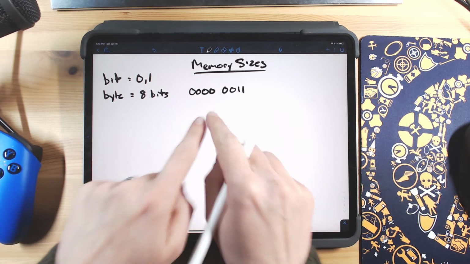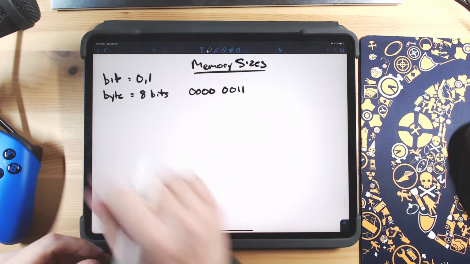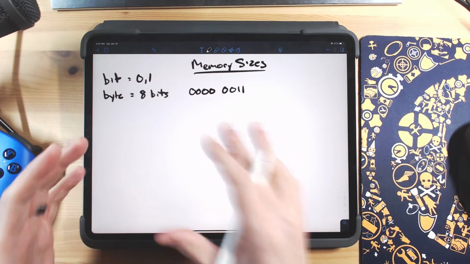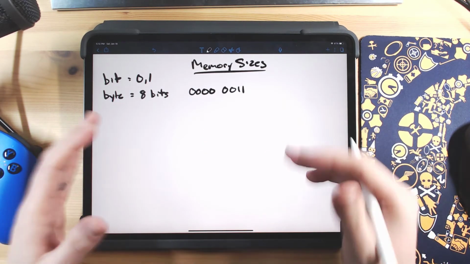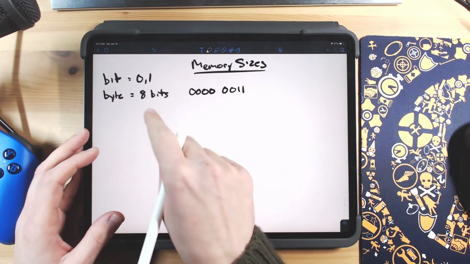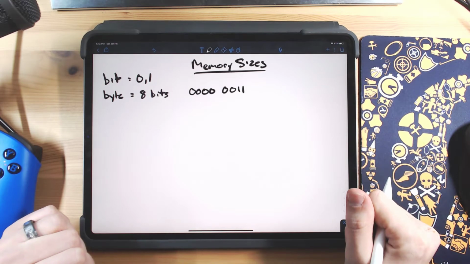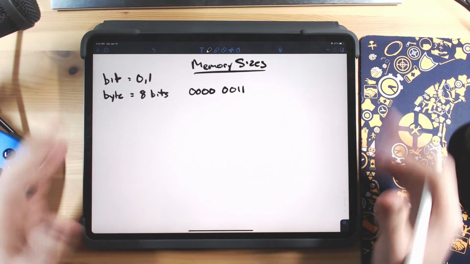And so we could store bigger and bigger numbers by having numbers that take up more bytes or more bits. Typically, integers are 32 bits. That's where that phrase 32-bit integers comes from. So they take up 4 bytes, right? Because each byte is 8 bits. Or you can have 64-bit integers.